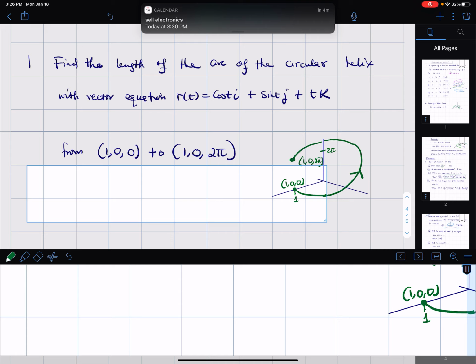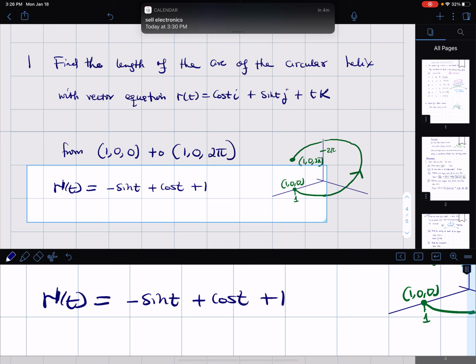So let us now find our r prime of t. Taking the derivative of r, r prime of t is negative sine t i plus cosine t j plus 1 k.